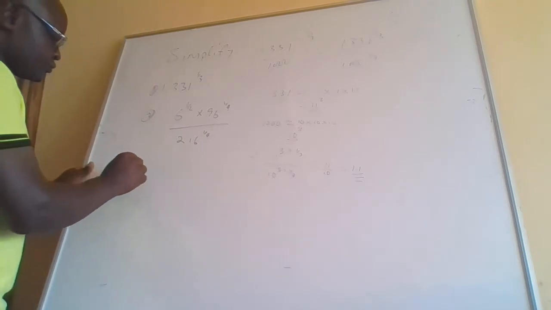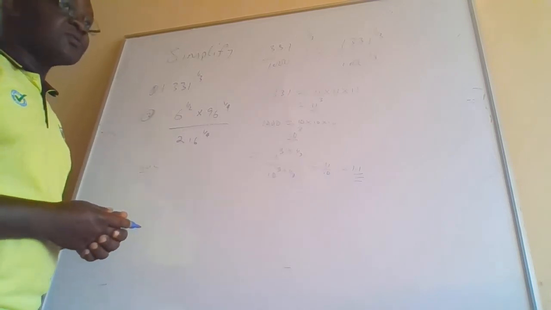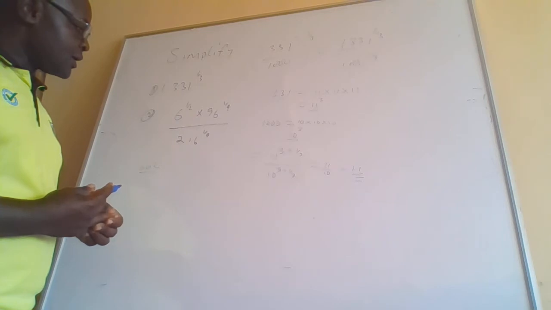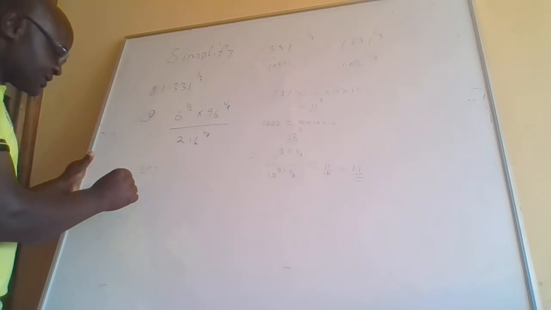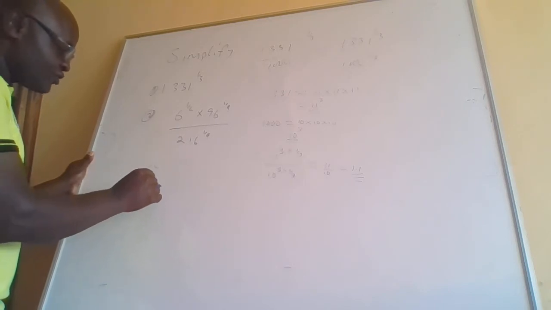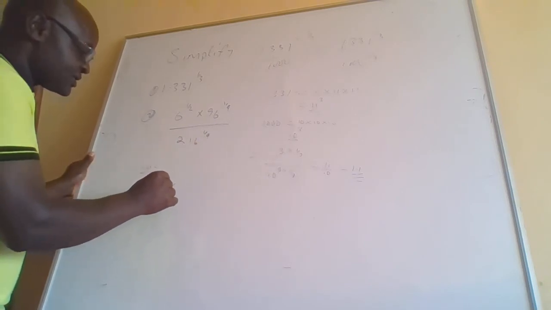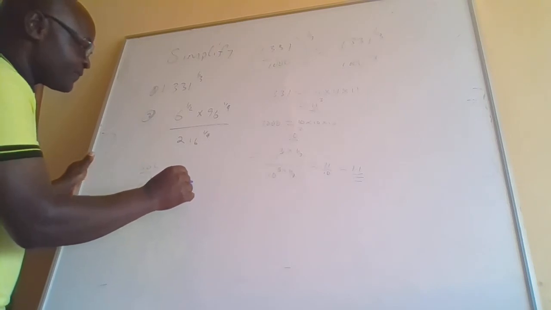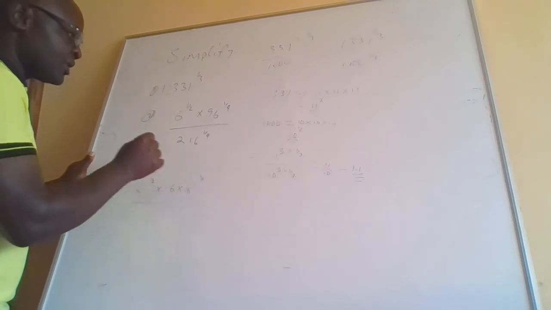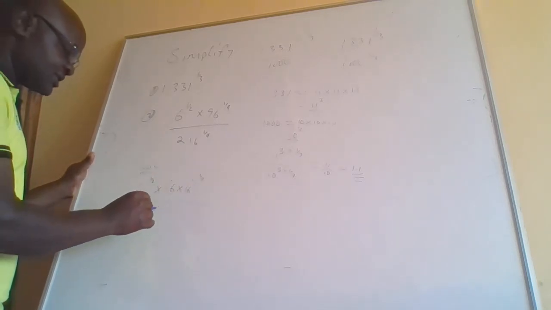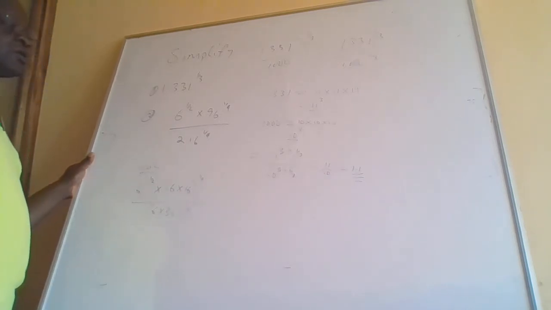For the second equation, I have 6 raised to a half times 96 raised to a quarter all over 216 raised to a quarter. So we can write this as 6 raised to a half times, now 96 can be written as 6 times 16, raised to a quarter, all over 216, which can be written as 6 times 6 times 6, that is 6 raised to 3, raised to 1 over 4.